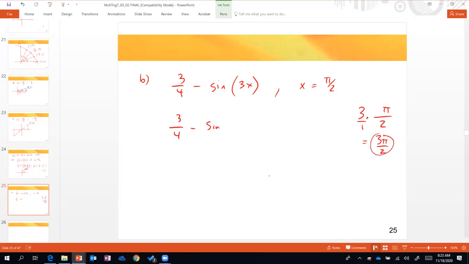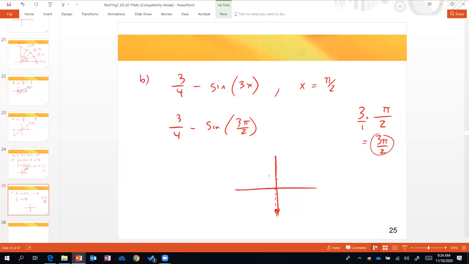We've got to figure out where in the world 3 pi over 2 is. We have a denominator of 2 this time, so that means we're at the corners. Pi over 2 is right here, 2 pi over 2 is here, and 3 pi over 2 is down here.